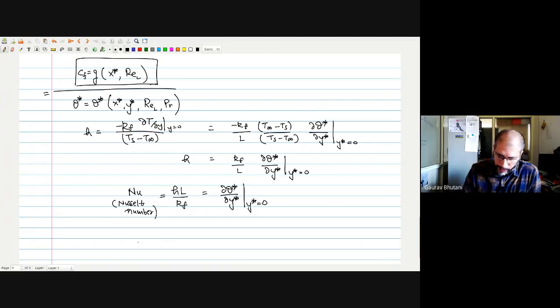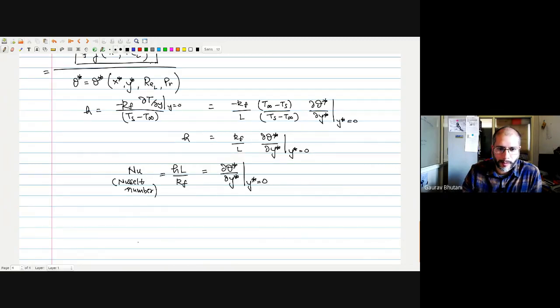Depending on if you want to increase or decrease the rate of heat transfer, you may expect a high or a low Nusselt number value depending on the requirement that you have. So this Nusselt number, which gives us information about the heat transfer coefficient, is nothing but the temperature gradient at the surface of the plate in non-dimensional terms. So it's del theta star by del y star at y star equal to 0.